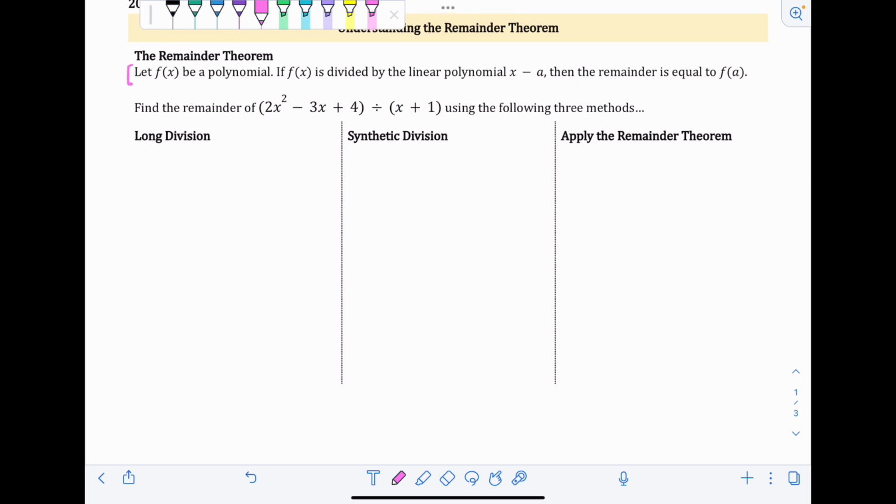So long division: we're dividing 2x squared minus 3x plus 4 by x plus 1. We didn't skip any powers of x, 2x squared, then 3x to the first power, and 4, so I don't need to add any zeros or placeholders.